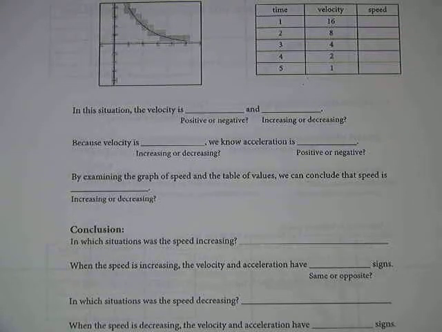So if the velocity and the acceleration have the same sign, then your speed is going to be increasing. In which situations is the speed decreasing? That would be situations 3 and 4. And that would be when the velocity and the acceleration have opposite signs. Questions?